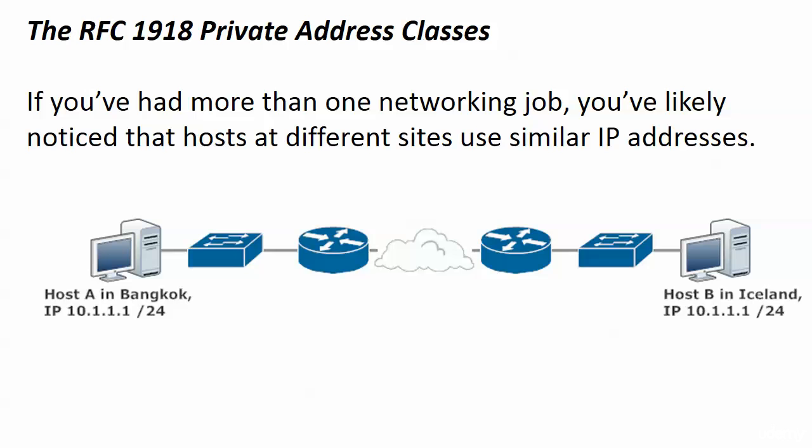Well, how is that possible? It's possible because we have certain address ranges where the addresses are non-routable. So these hosts, by default, can't just go out to the internet. They can't even get out of their own little local area network, because the router is going to look at it and say, hey, I don't route these packets. Forget it. I'm not sending these out of here.